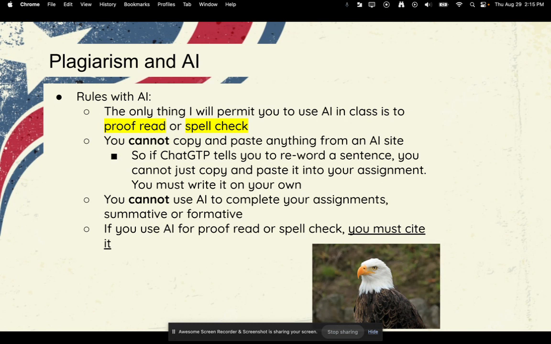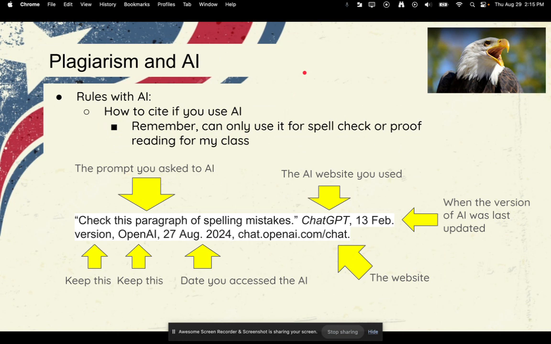You also cannot use AI to complete your assignments, summative or formative. Remember, the only thing that I'm letting you do is proofread and spell check. That's it. If you use AI for proofreading and spell checking, you must cite it as well, so I know that you used it.